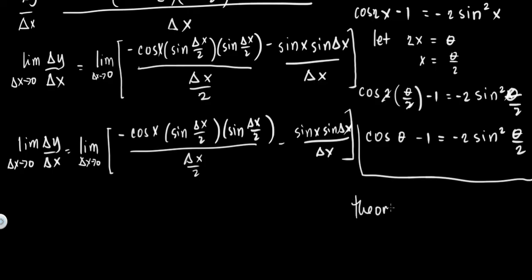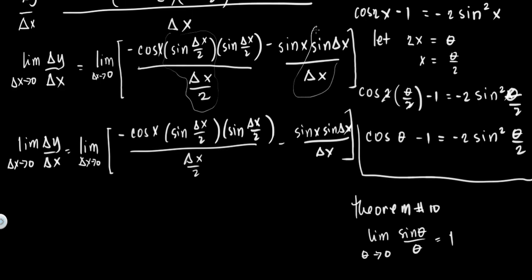So, theorem number 10. The limit of sine theta over theta as theta approaches 0 is equal to 1. May nakikita ba kayong ganyan? Meron. Ito. There. And this. So, ang limit niyan as delta approaches 0 is 1.